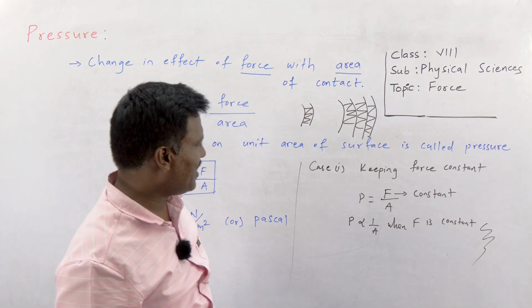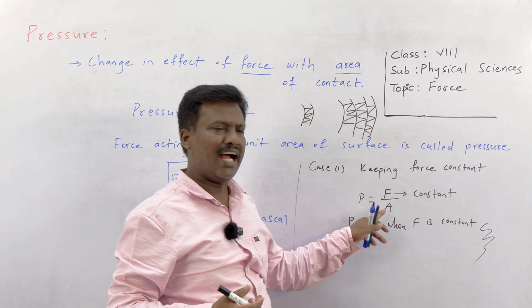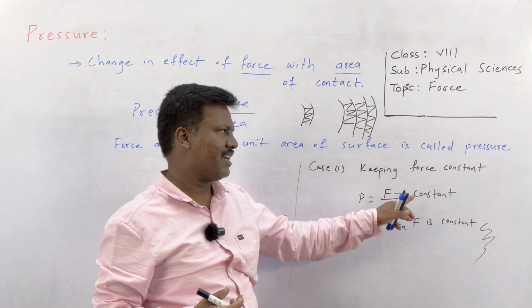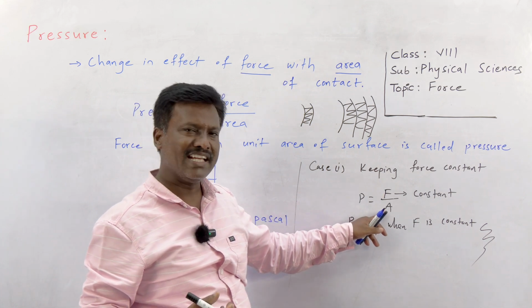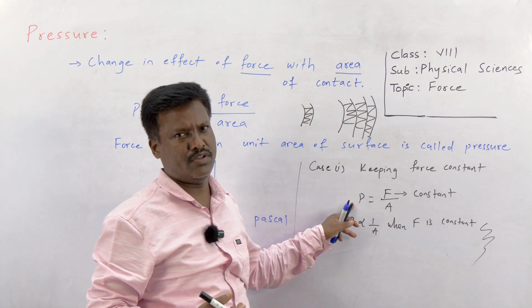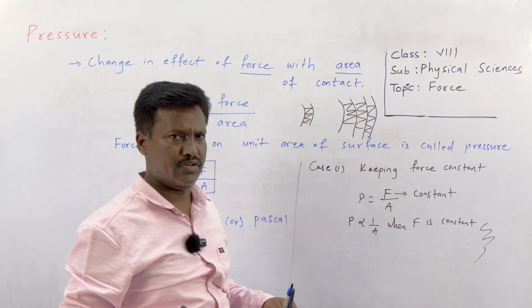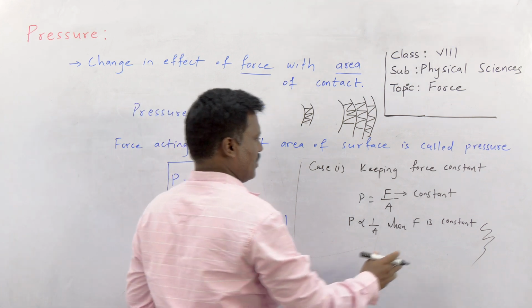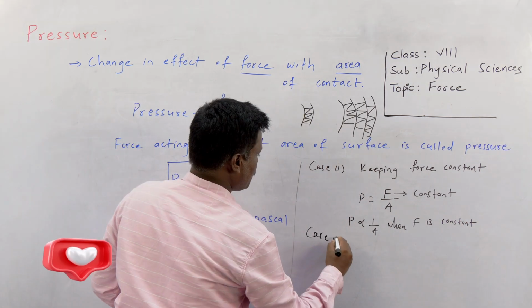I hope you understand this relation between pressure and area when force is kept constant. For the same amount of force applied, when area increases, pressure decreases; when area decreases, pressure increases. There are many examples. Some other examples we are going to talk about are related to case 2.